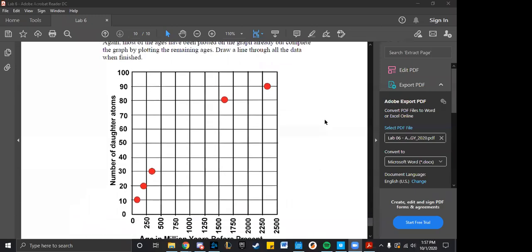And then once we plot those points and then draw the line, that is the end of the lab.